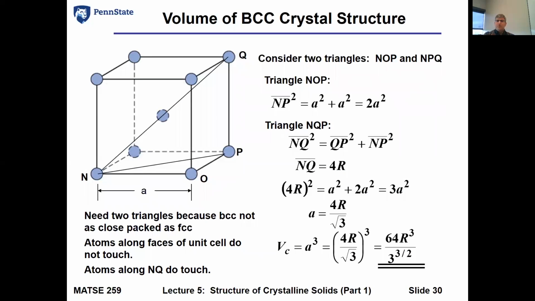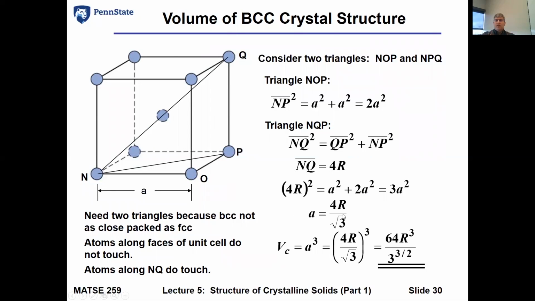In a BCC unit cell, they only really touch along this NQ direction, going through the middle. So what we need to do is solve for a pair of triangles. We need to know the NP distance in order to calculate what the NQ value is.